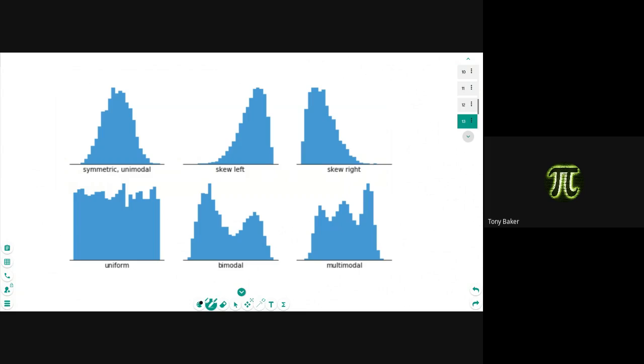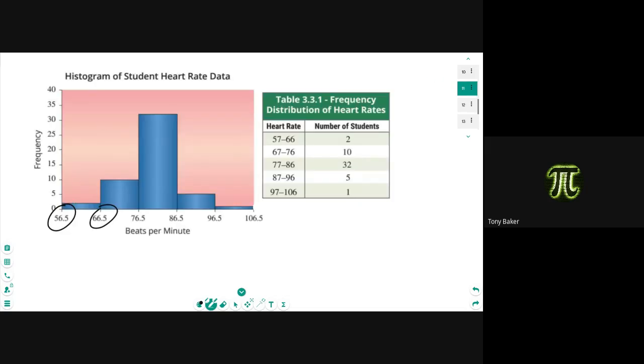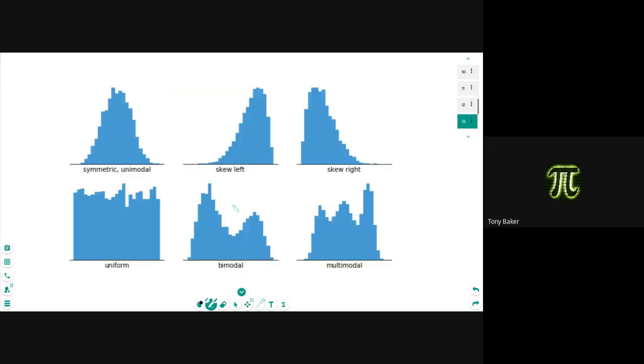So the histogram we just looked at, this one, it kind of looks curved where the peak is in the middle, right? That's not always the case. You can have histograms that are skewed. You can have them, this is symmetric, where that makes a nice little curve. We can have it skewed this way, or we can have it skewed this way.